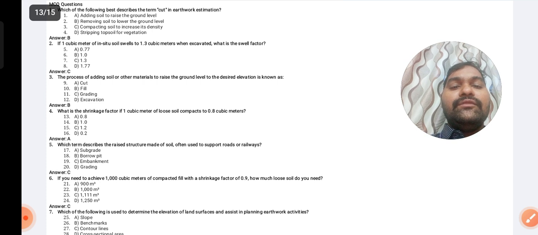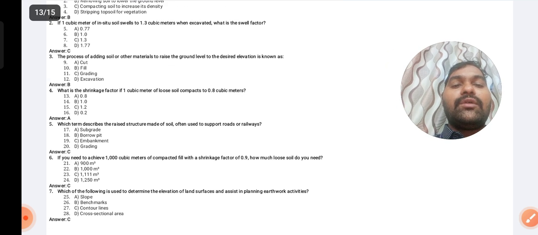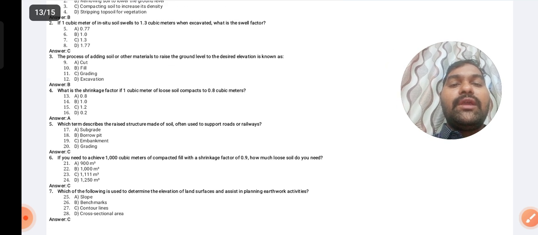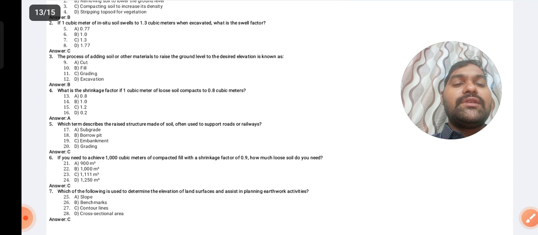Likewise, you have one more question: which of the following is used to determine the elevation of the land surface and assist in planning the earthwork activity? The answer is the contour line.